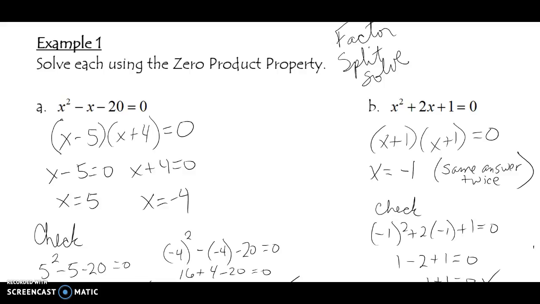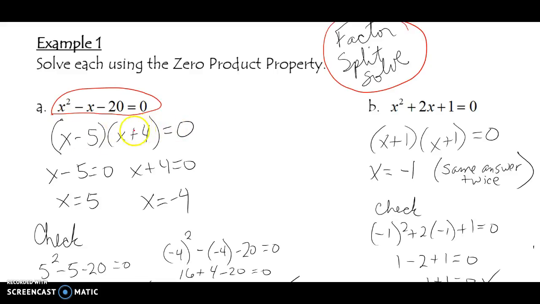So here are some examples that I've already gone through and done. Remember, our key here was factor, split, solve. This is a quadratic equation because it has x squared. We can't just isolate x because we have these two different x terms which are unlike. So we rewrite it as the product of x minus 5 and x plus 4 equal to 0.